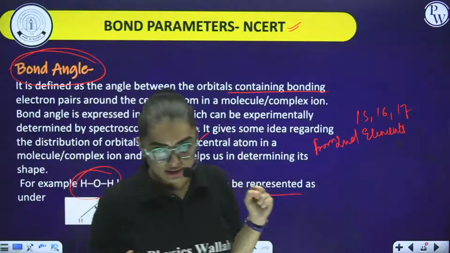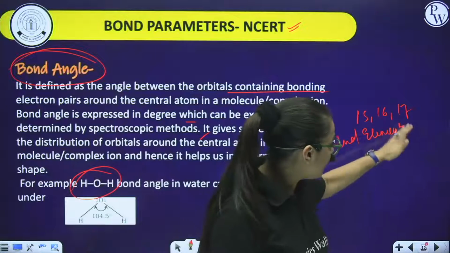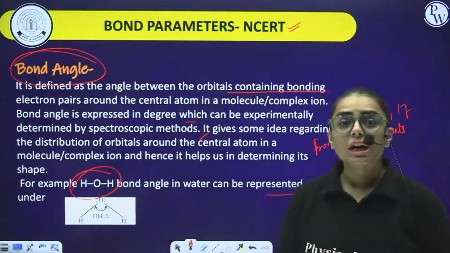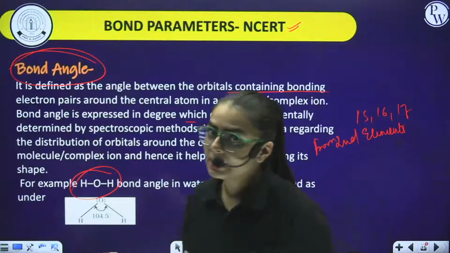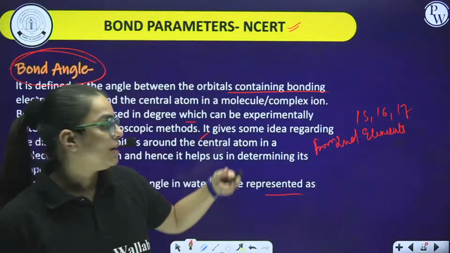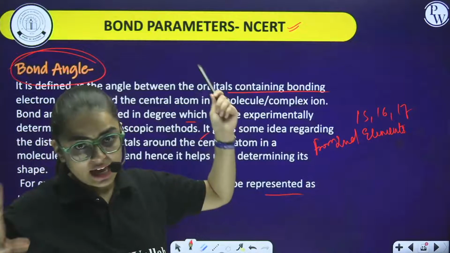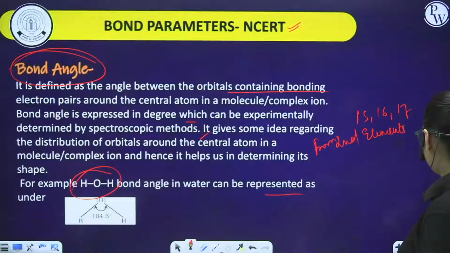Because they have a smaller size. So from the second elements, that means phosphorus, sulfur and chlorine, the bond angle, if you see, is almost 90 degrees. One of them will have 91, 92, nearly 90 degrees, right? And they have no hybridization. Only nitrogen, or I would say the oxygen and the fluorine atoms, will have certain hybridization and a certain bond angle, right? Clear, everybody, students?